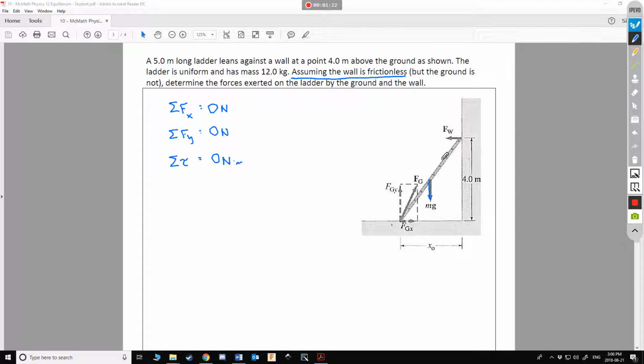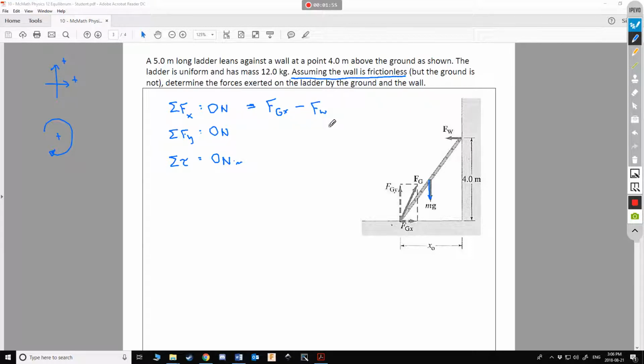So let's solve for this one. Sum of the forces in the x direction. We have two forces, Fgx and Fw. I'm going to define up as positive and right as positive. Also, I'm going to define for this question that the clockwise direction is positive. So we have Fgx, a positive value because I define right as positive, and minus Fw.